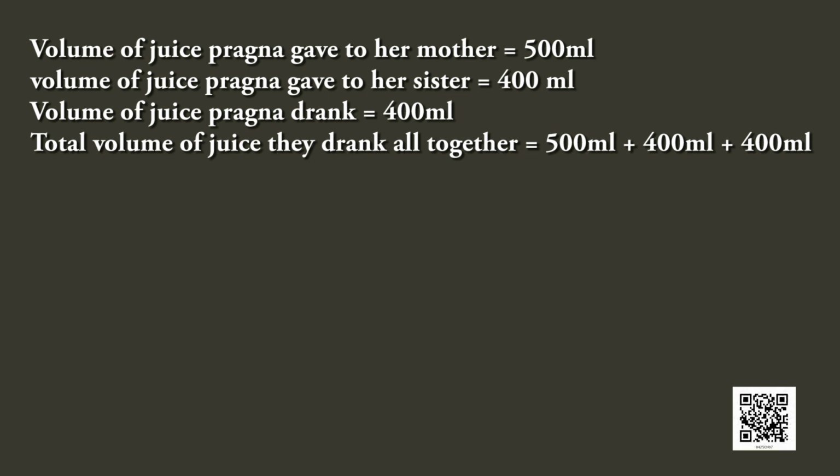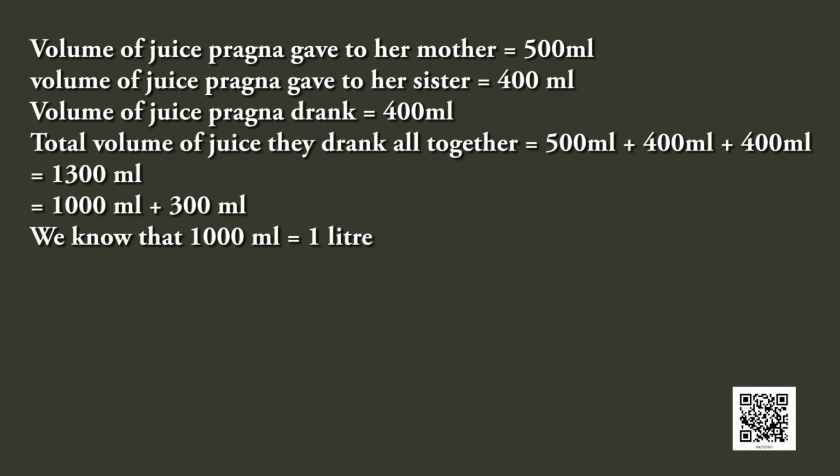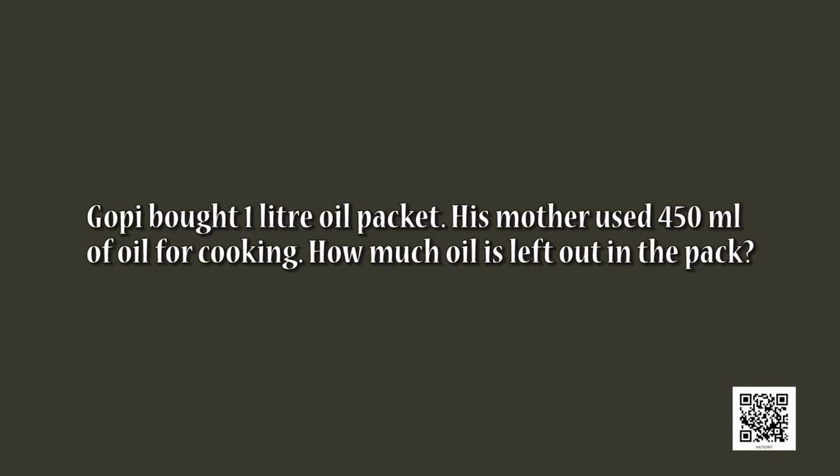Total volume of juice they drank all together is equal to 500 milliliters plus 400 milliliters plus 400 milliliters, that is equal to 1300 milliliters, that is equal to 1000 milliliters plus 300 milliliters. You have learnt 1000 milliliters is equal to 1 liter, which is nothing but 1300 milliliters is equal to 1 liter plus 300 milliliters.